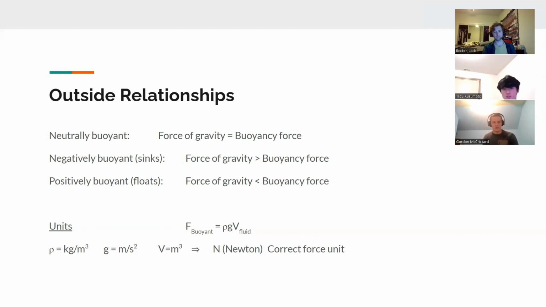We can check the units of our rho g V formula: rho is in kilograms per meter cubed, g is in meters per second squared, and volume is in meters cubed, which together form a Newton unit, which is correct for force.